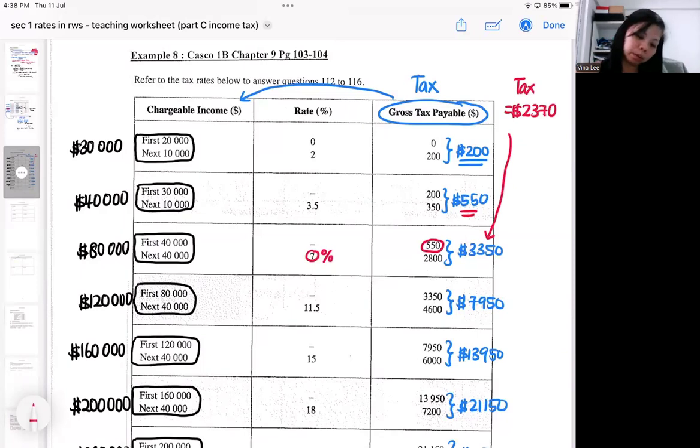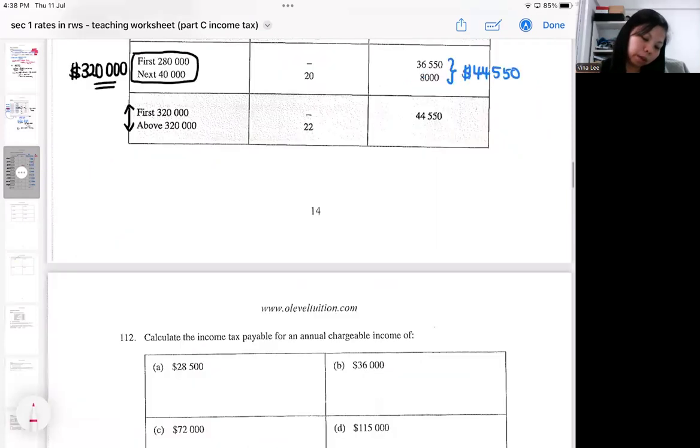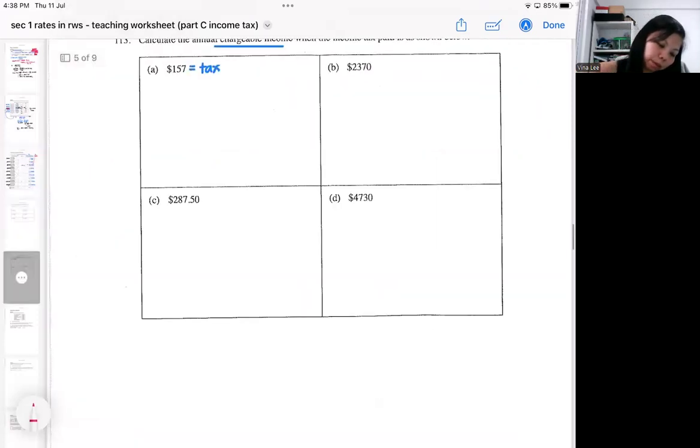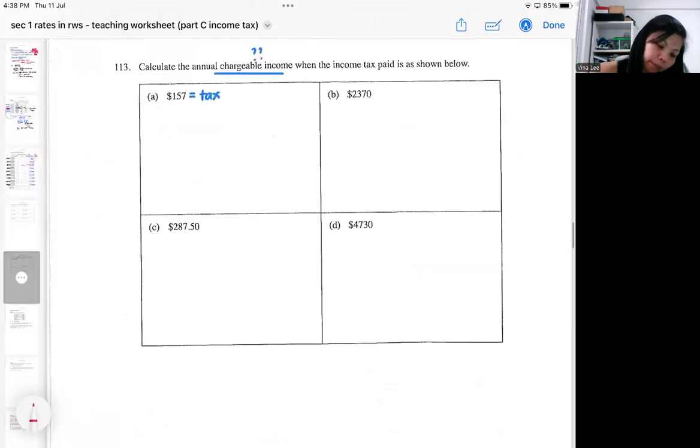So I'm going to draw it out for you. So 2,370, the tax from the first basket is 550. The tax from the second basket is 7%. So I split the tax into the 550 first, this is the tax from the first basket, and then this one is the second basket.